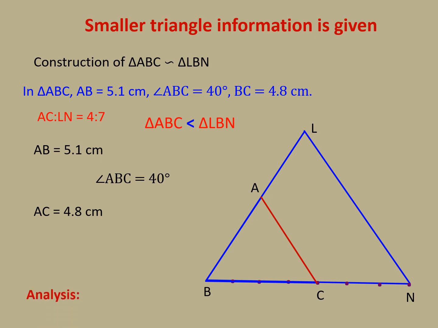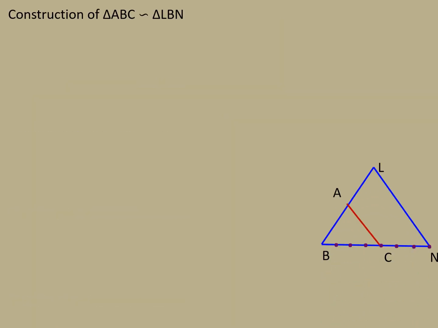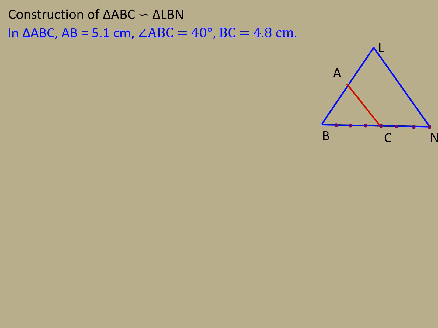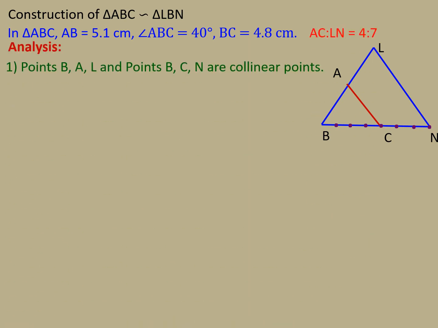So let us learn now the analysis of it. We have triangle LBN, inside which we have triangle ABC. Information is given. Analysis will begin. As per the diagram, points B, A, L and points B, C, N are collinear points.